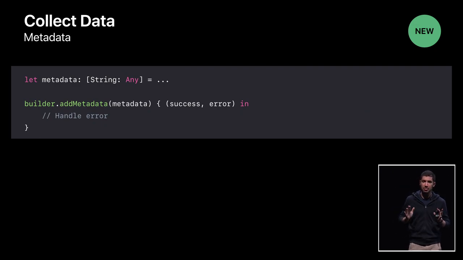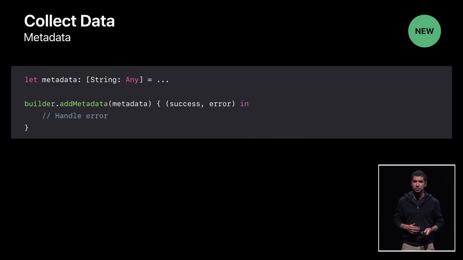But on Apple Watch, because the device is on your wrist and has all this wide range of sensors, it can actually generate data like calories and distance. And wouldn't it be cool if we could have all of this data automatically collected by the builder? Starting with watchOS 5, we now have automatic data collection.